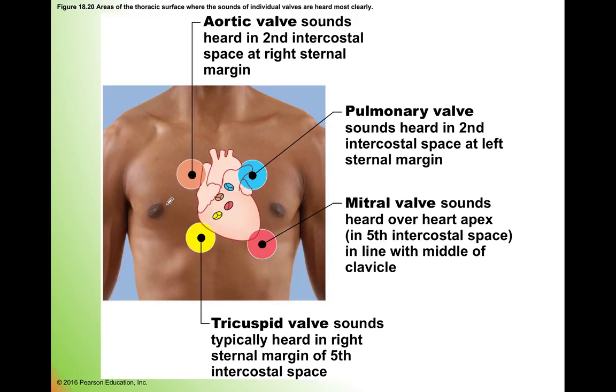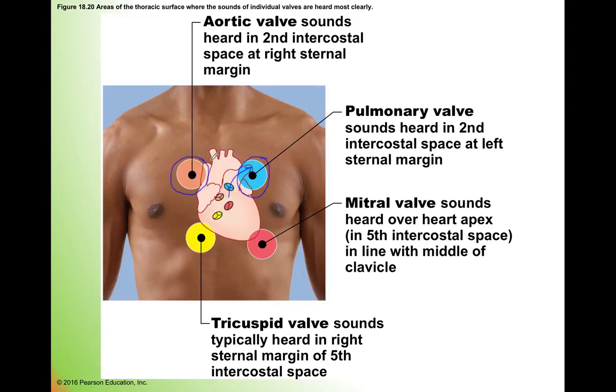If I want to listen to the aortic semilunar valve closing properly, I listen to the superior right-hand side of the heart. If I want to listen to the pulmonary semilunar valve, or pulmonary valve, I listen to the superior left-hand side of the heart, because the pulmonary trunk moves to the left and then branches off to the right and left.